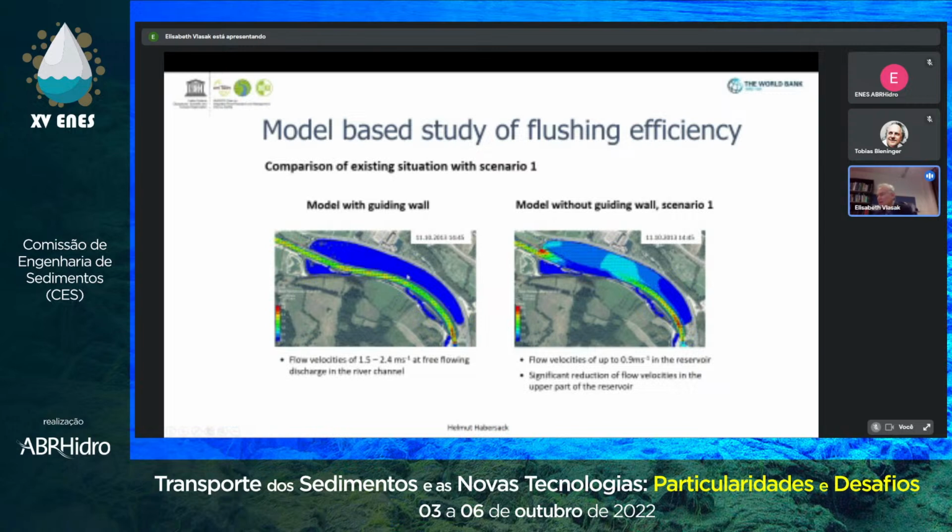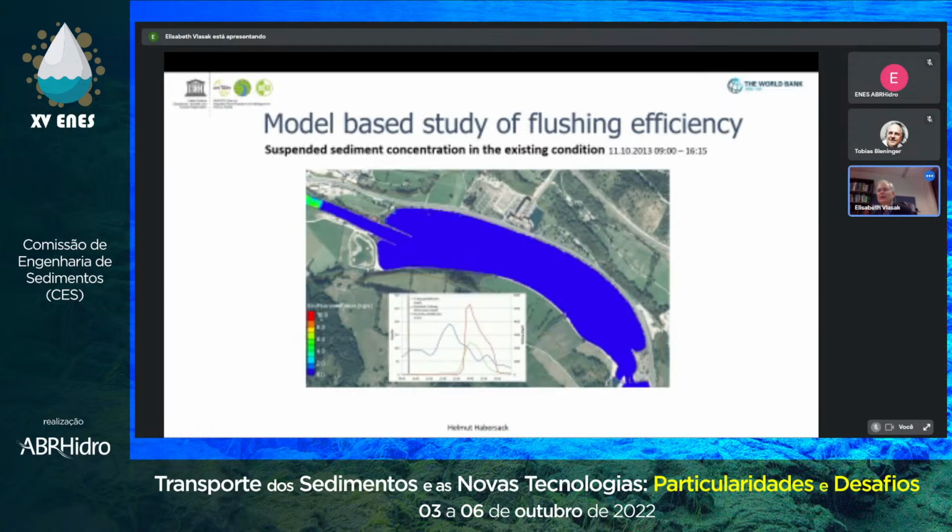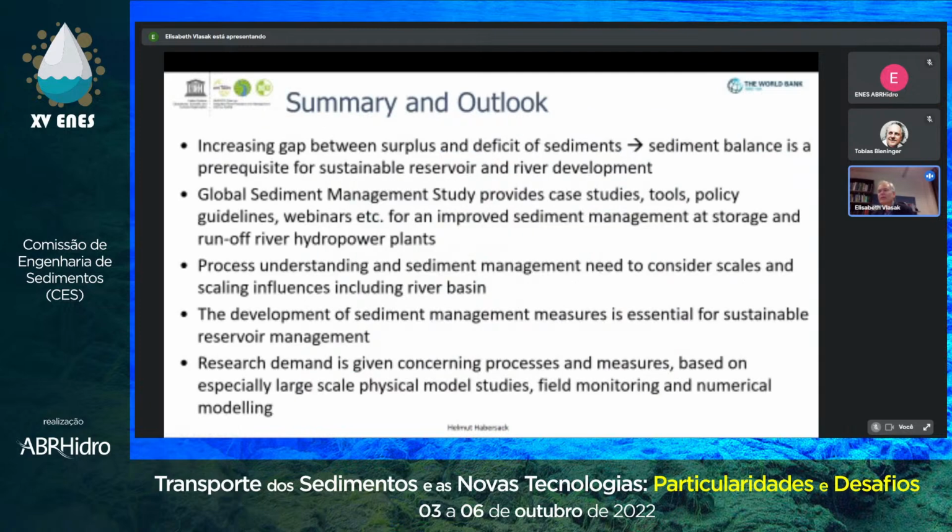But of course, this is just one example, one way to get the coarse material through if you want to get it through. This is again another kind of artificial concentration. You see the high concentration that develops also in the transport canal for the suspended sediments. So the sediments also go through here.